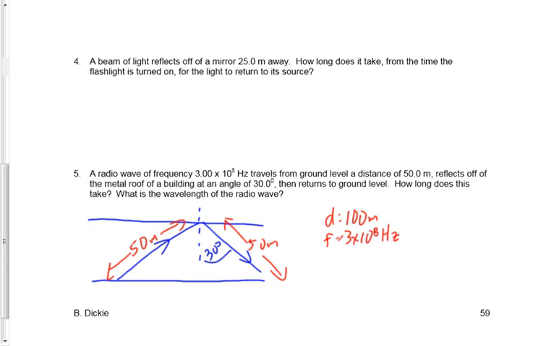And we know the speed is 3 times 10 to the 8. We're looking for the time, and we're looking for the wavelength. So to find the time, V is equal to D over T, so T is equal to D over V. That's going to be 100 meters divided by 3 times 10 to the 8 meters per second.